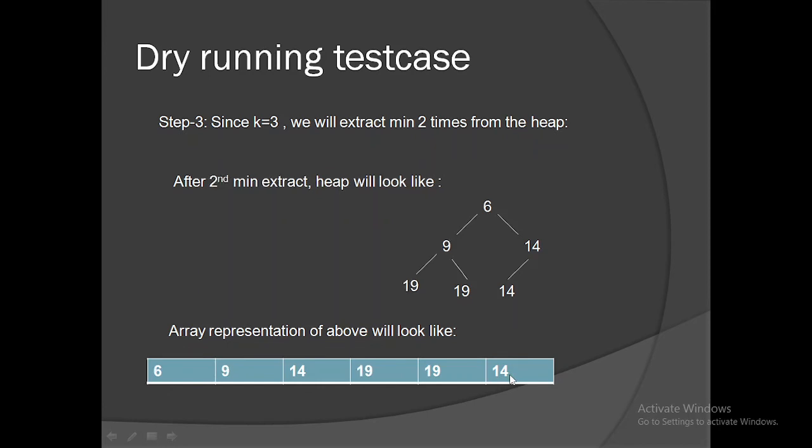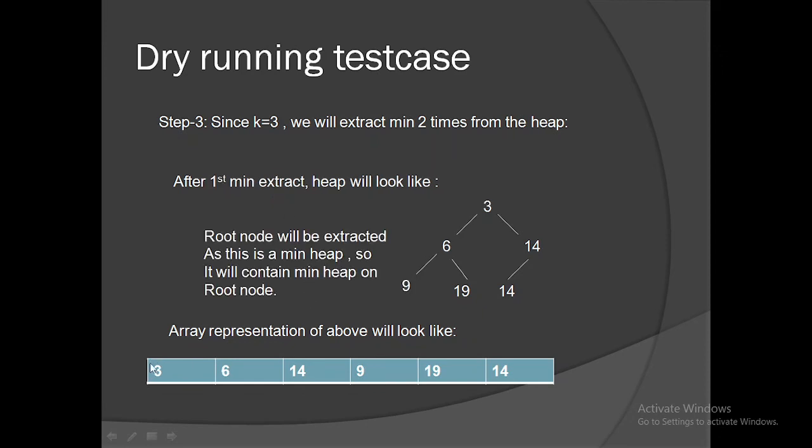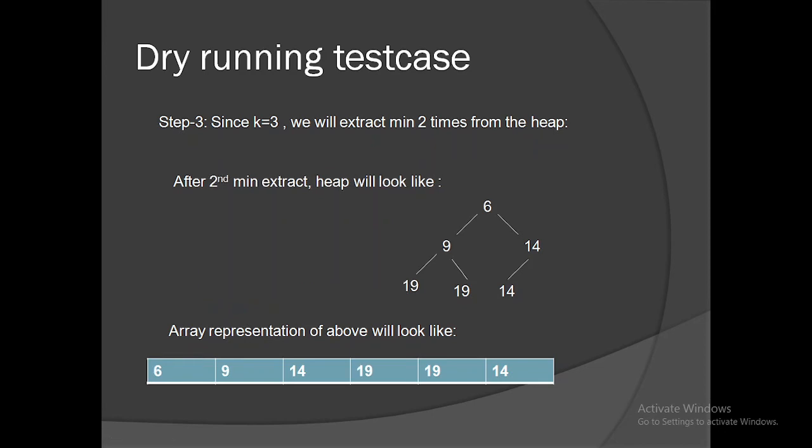Okay, now if you want to perform the second minimum extract, similarly here we have 3 as the minimum, so we will remove this, or override this 3 value with the last element. So the last element is what? 14, right?